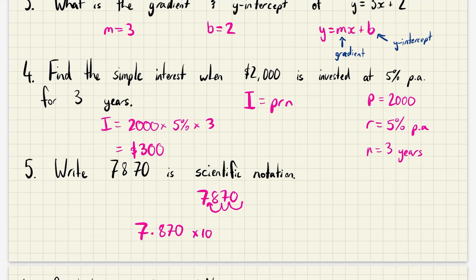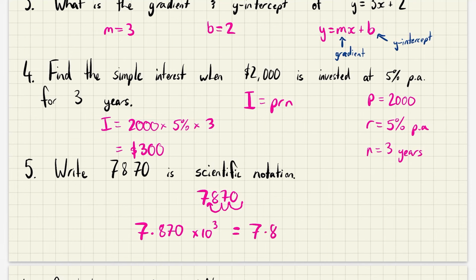But because I've moved it, I need to multiply it by 10, because every time I multiply by 10, I move it 1 space. And I multiplied it by 10 3 times. So I would write it to the power of 3. If you typed in your calculator 7.870 times 10 to the power of 3, you'll get 7,870. So it's the same, but this is how we write it in scientific notation.